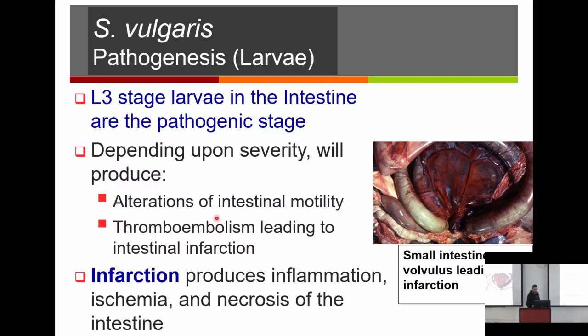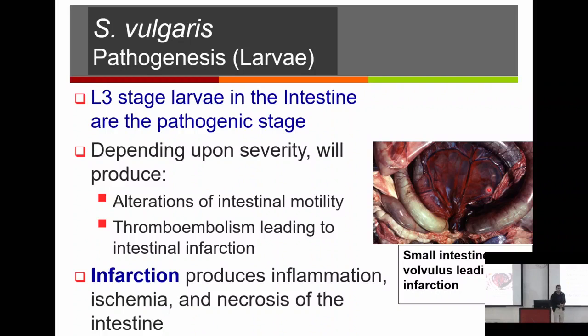You can see alteration in the intestinal mucosa, thromboembolism, that will further lead to intestinal infarction, and that will further cause inflammation or necrosis of the intestine. It is a very, very severe lesion you will see in the case of the L3 stage larvae.